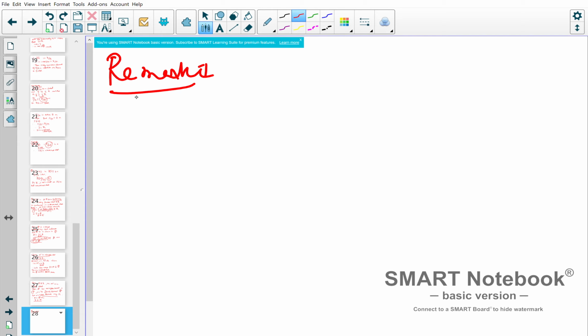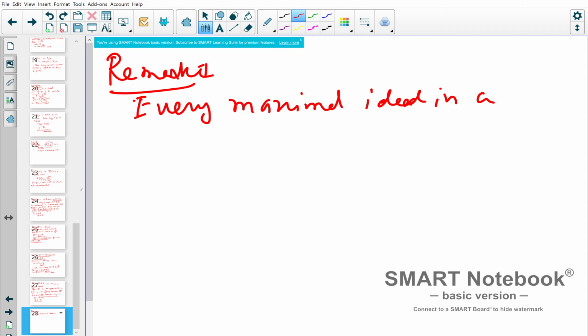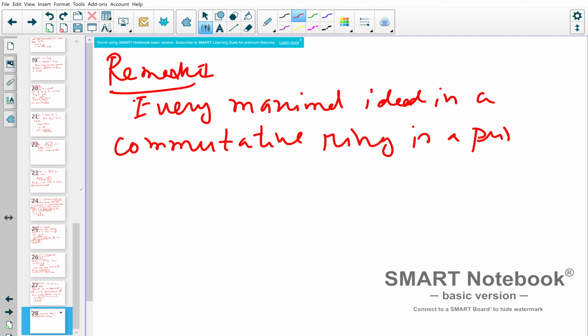So every maximal ideal in a commutative ring is a prime ideal. It's obvious. Why is it obvious? Because something being a maximal ideal means the quotient ring is a field, but every field is an integral domain, and hence the quotient ring is an integral domain, and hence the ideal is a prime ideal.